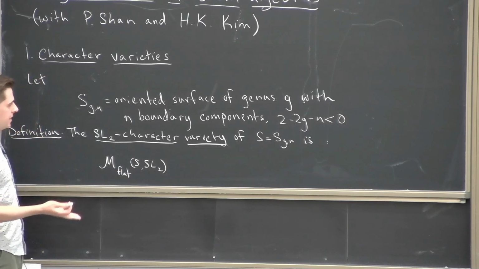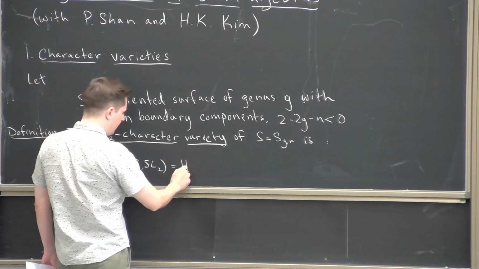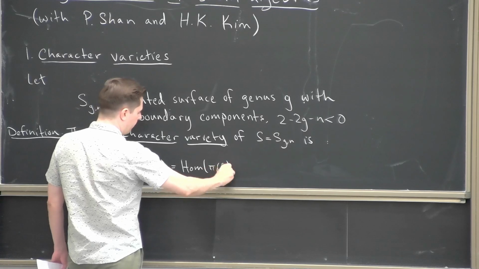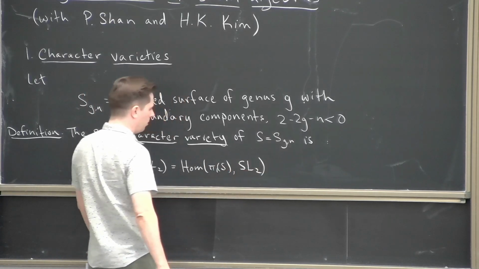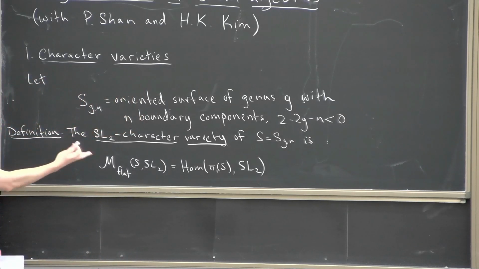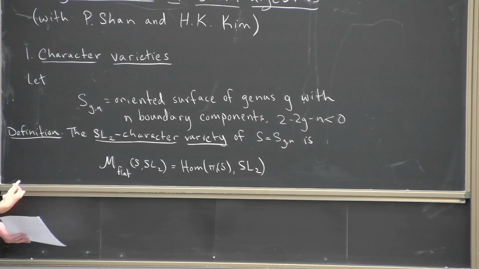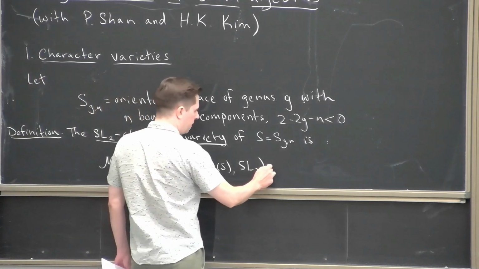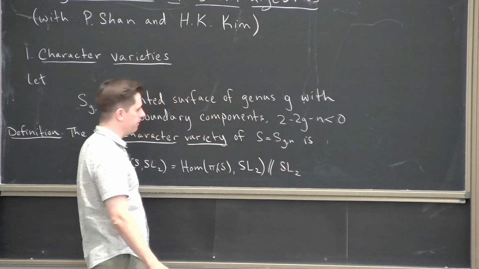But you can also understand this more concretely, so we can define it by taking group homomorphisms from the fundamental group of S into SL2. That set of homomorphisms has the structure of an affine scheme, and we'll consider the GIT quotient by the conjugation action of SL2.